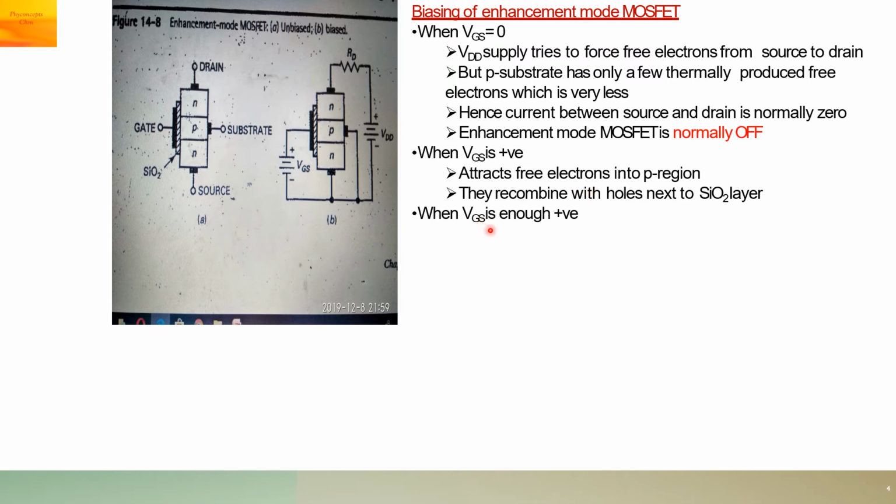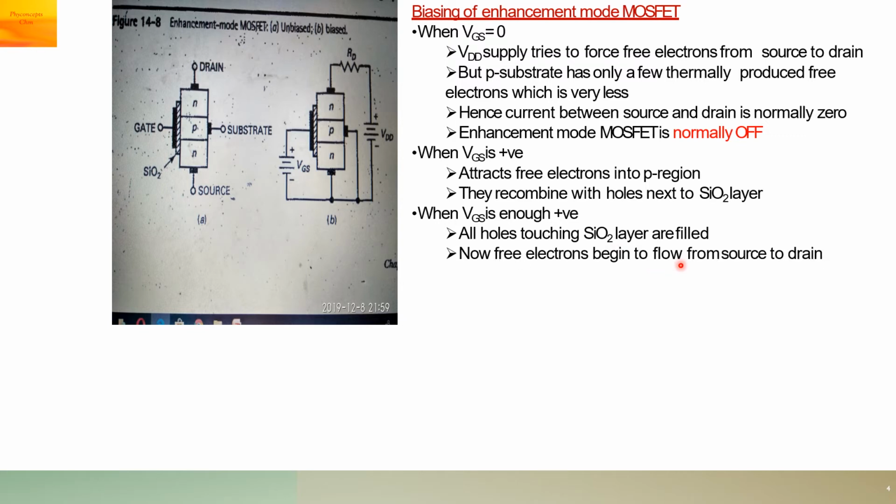And now when VGS is positive enough, all the holes touching the SiO2 layer are filled. Now the free electrons begin to flow from the source to the drain, and the MOSFET turns on.